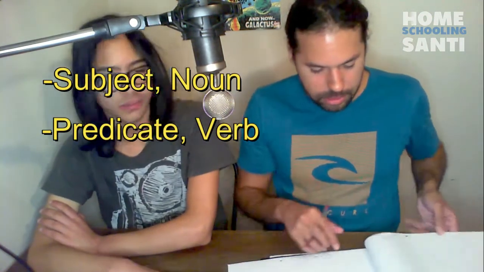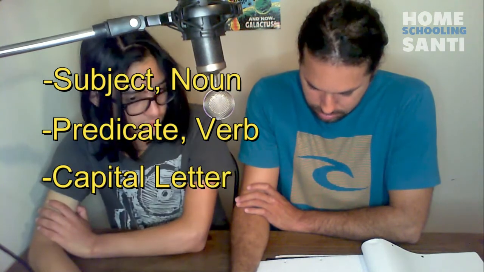So this is the end of the lesson, but let's review the elements of a complete thought. They are the subject and the predicate. We have the capital letter.